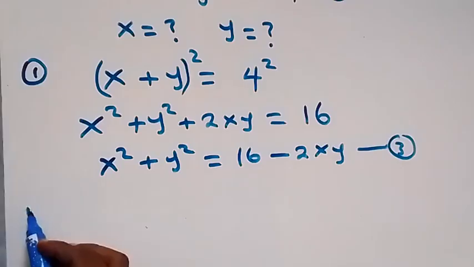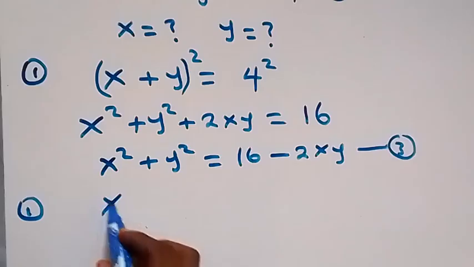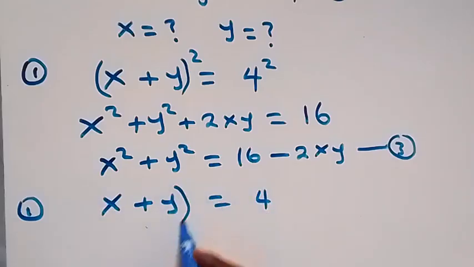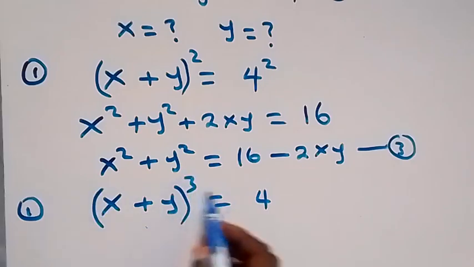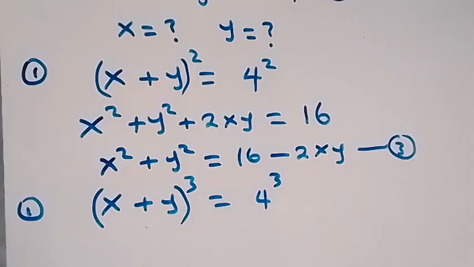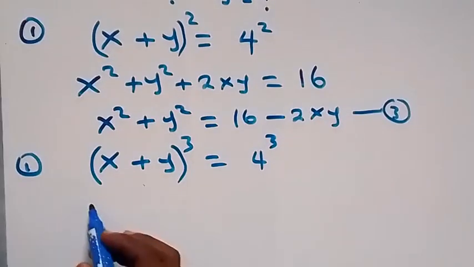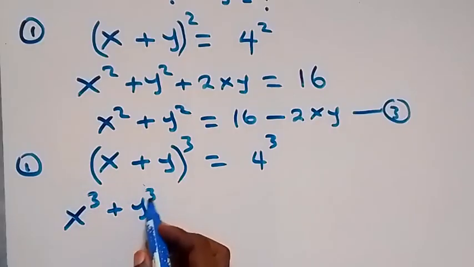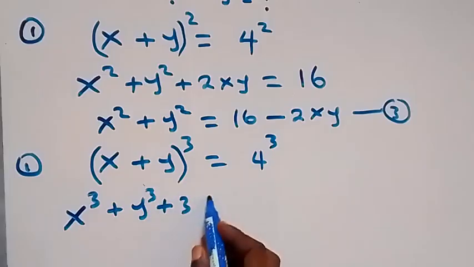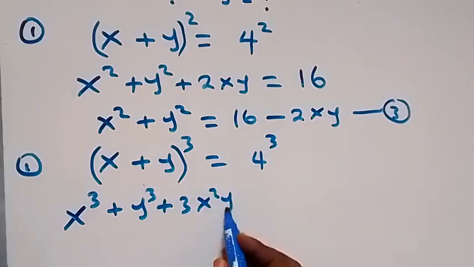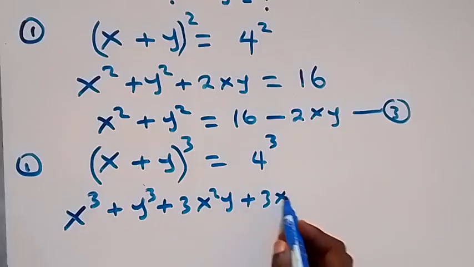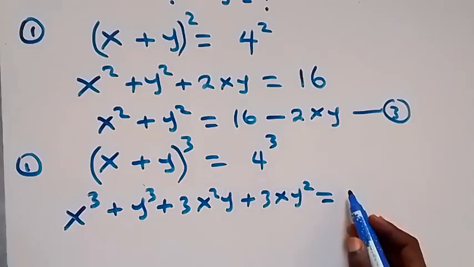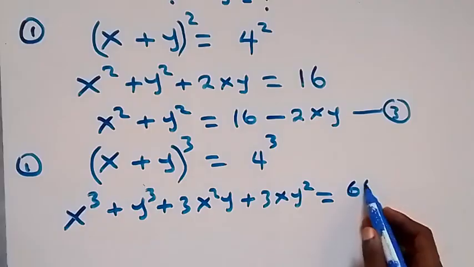Then also from the same equation 1, we have x plus y equals 4. Now, take the cube on both sides, that is, raise both sides to power 3. So this side's expansion will give us x cube plus y cube plus 3x squared y plus 3xy squared, which equals 4 cube, 4 times 4 times 4, that's 64.